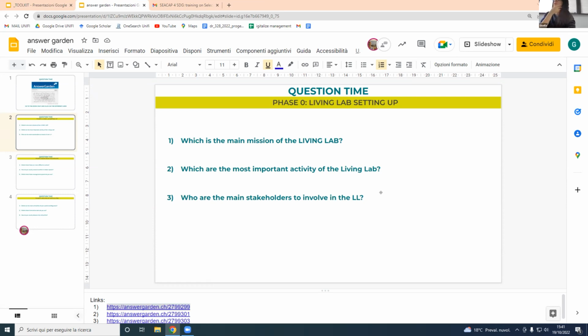I asked participants to look at the chat of Zoom and to open this link and try to answer this first question, which is related to phase 0, living lab setting up. The question is: according to you, what is the main mission of a living lab?